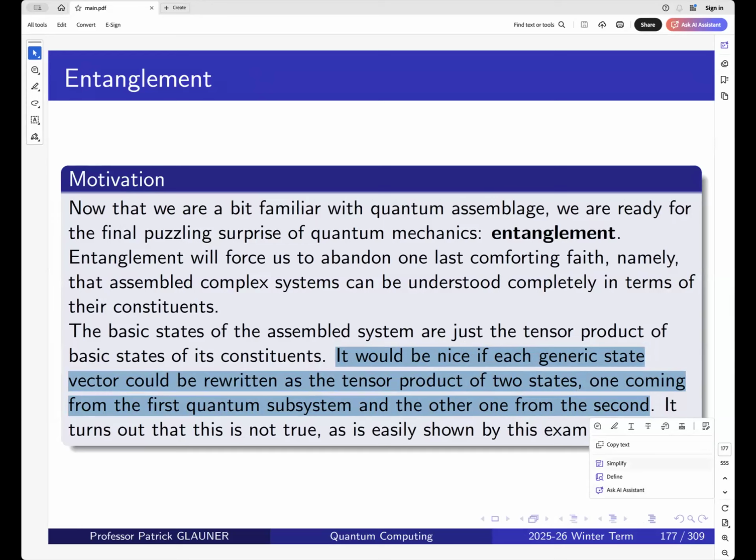Is this something you would also assume would be really cool and probably be possible? Just from naive thinking. If you think, well, I have two of them, now I have the tensor product, so all the generic state vectors can be written always as the tensor product. If you think so, yes, maybe thumbs up. If you think that's not the case, maybe thumbs down.